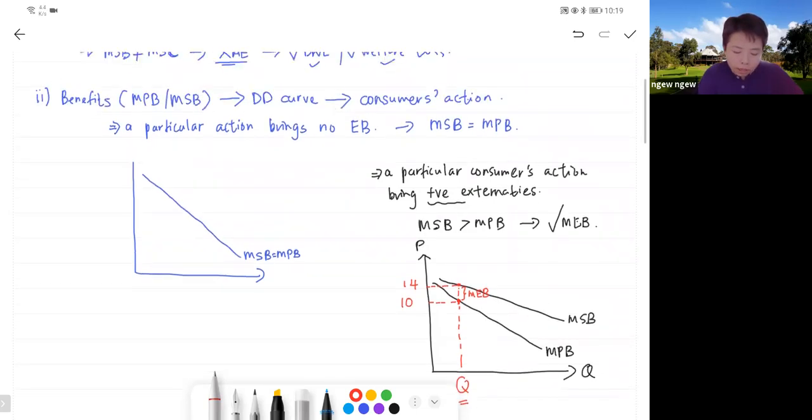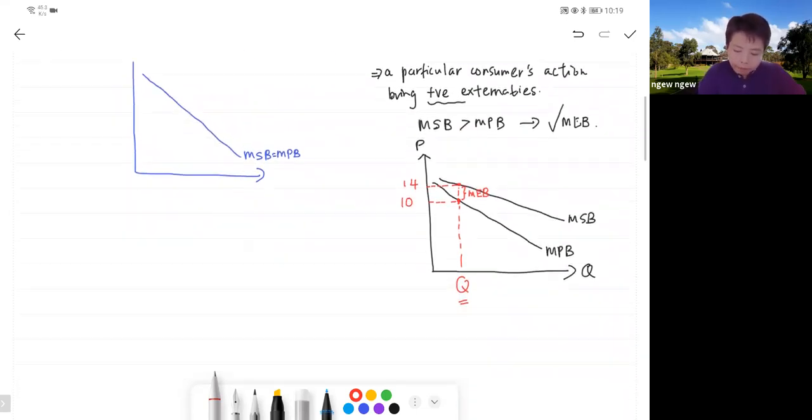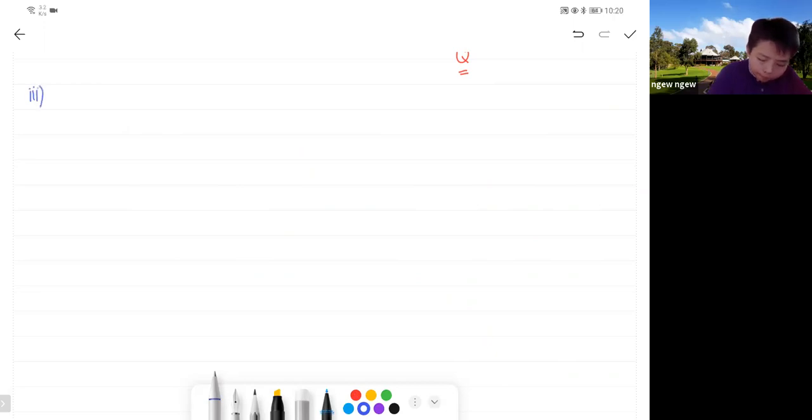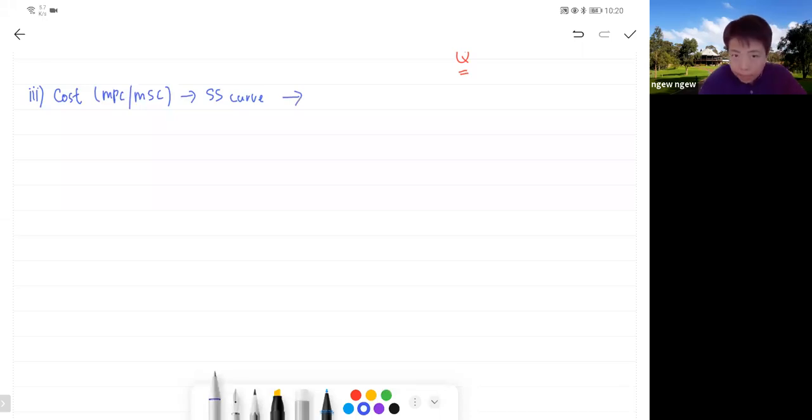Moving on, the third point: if we are now talking about cost, be it MPC or MSC, it is shown by the supply curve. As output rises, cost rises. At the same time, the supply curve also represents the producer's action.